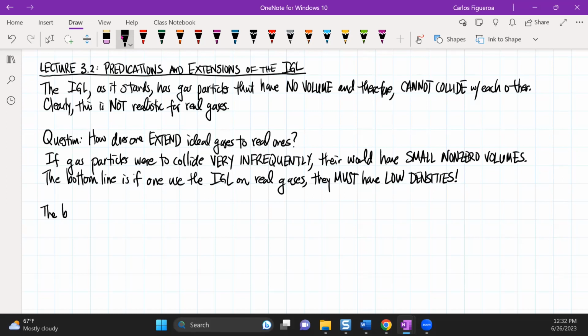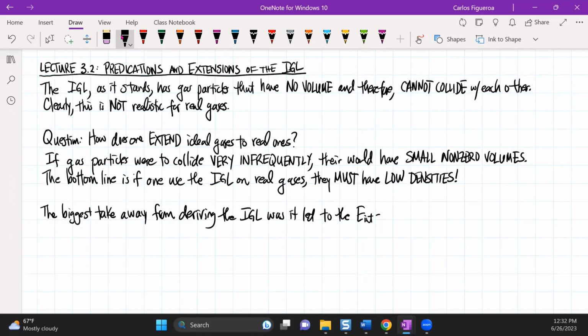The biggest takeaway from deriving the ideal gas law was it led to the internal energy function.